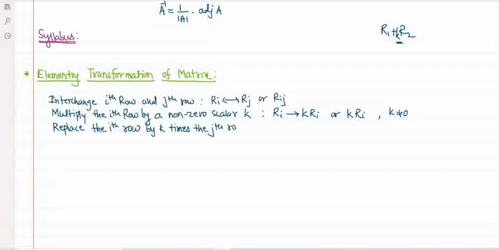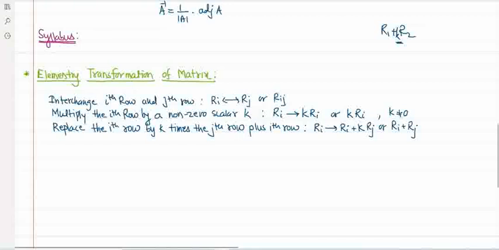This transformation is denoted as Ri changing to Ri plus k times Rj, or simply Ri plus Rj. I am following the second notation, and while solving examples I will follow these notations. Here I forgot to write that Rj is multiplied by k.